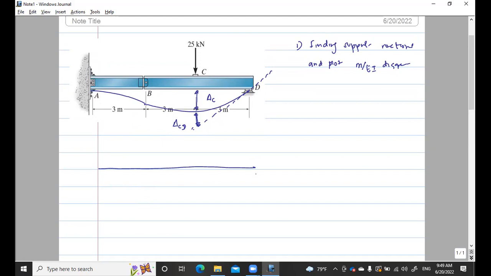Okay, so this is a pin, and here it breaks. So I have to treat this as two components. Let me erase this part.